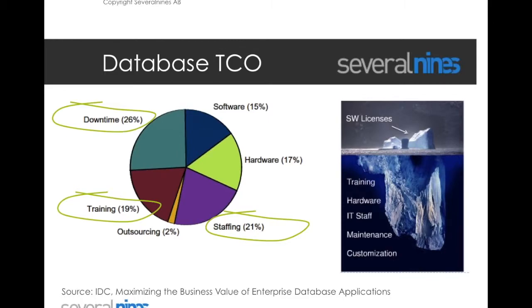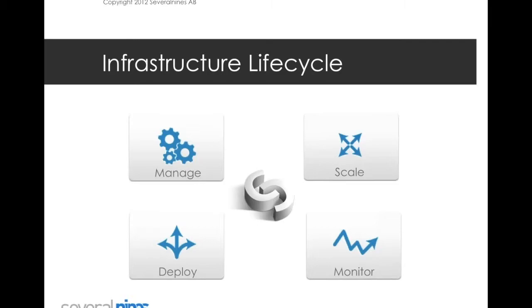So all of these things generate additional cost and make it more difficult to run these databases. And this is where we came from for ClusterControl, to look at automating a lot of these tasks and a lot of these activities that need to be happening around running a database system.